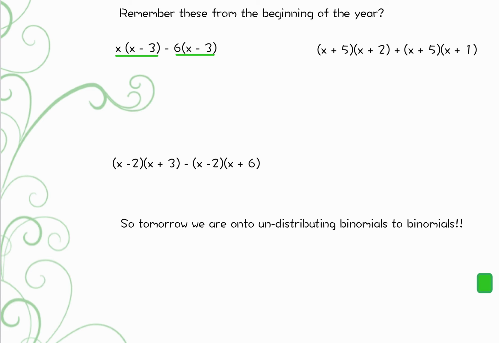We did these in the beginning of the year. What is common to this first term that's common to the second term? That's right, an x minus 3. So we are going to undistribute the x minus 3. And we're left with an x and then the minus 6. So see, that's a binomial to a binomial.